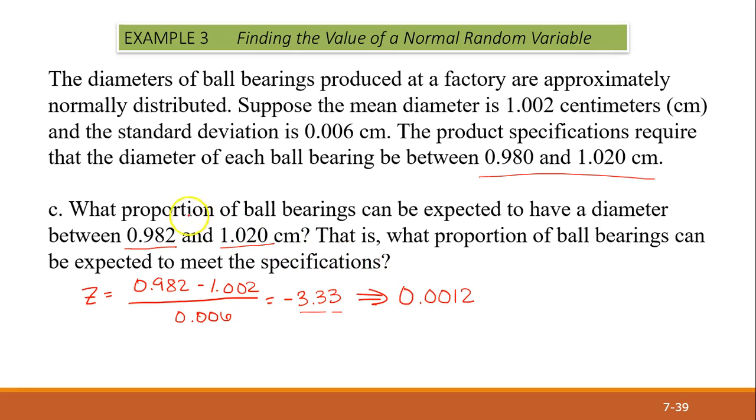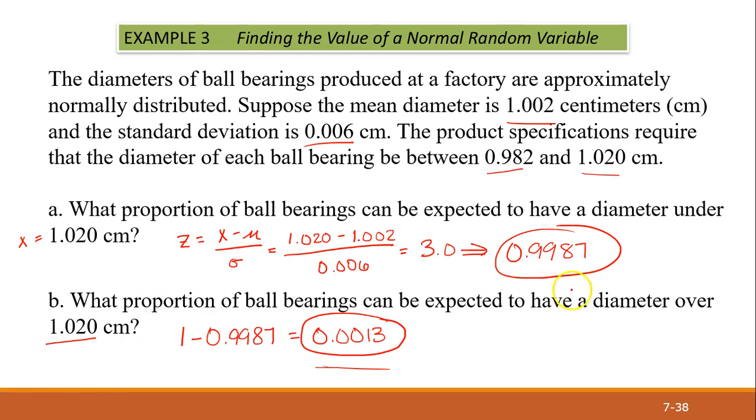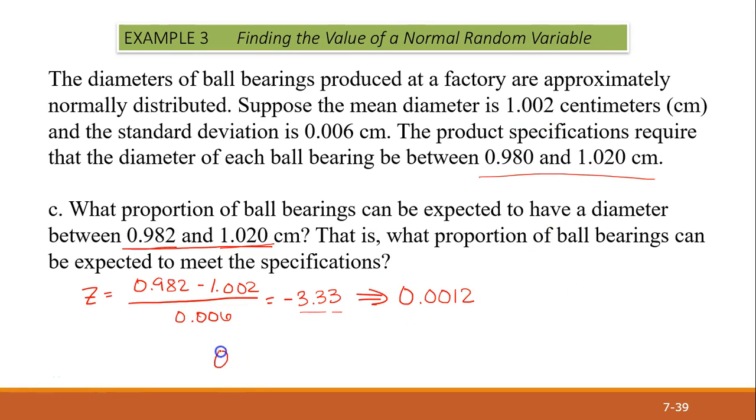And to find the area between these two given values, which is what we're asked to find, we would take our larger value, which was found here, take that area, and subtract our smaller area here.